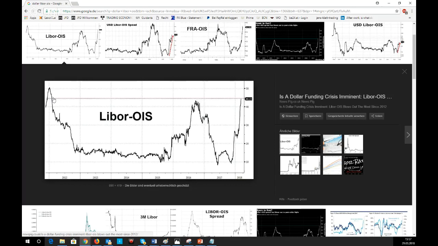The reason I mention that is because if numbers come in above expectation, it makes it more likely that the Fed keeps on raising rates. If short-term rates keep on rising, this spread widens even further and credit crunches become more likely. This could weigh more heavily on the DAX, respectively on equity markets in general. On the other hand, what if numbers come in below expectation?